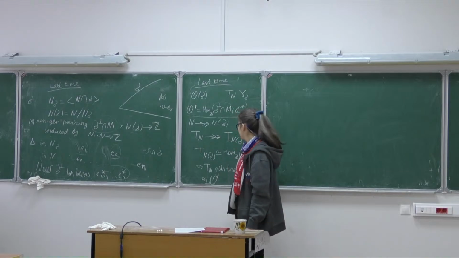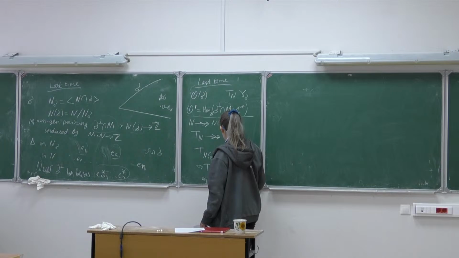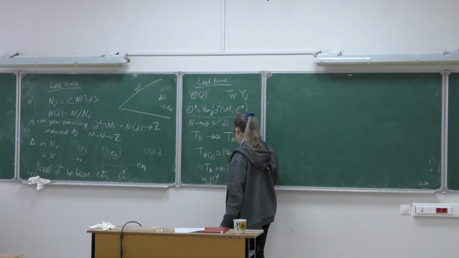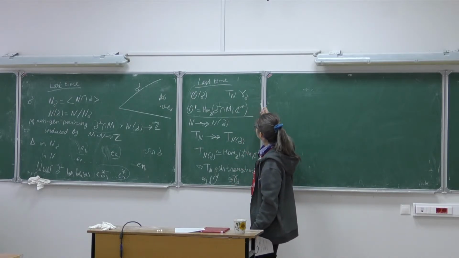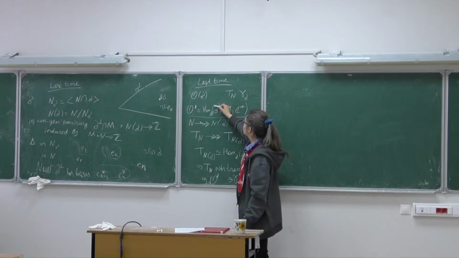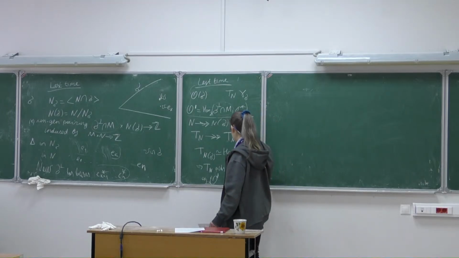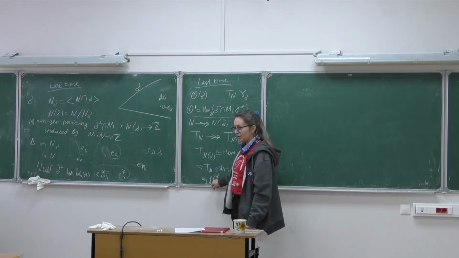What else? We know that gamma sigma belongs to O prime because gamma sigma is the concrete map which maps all this to 1. Do you recall it? Okay, so gamma sigma belongs to O prime.